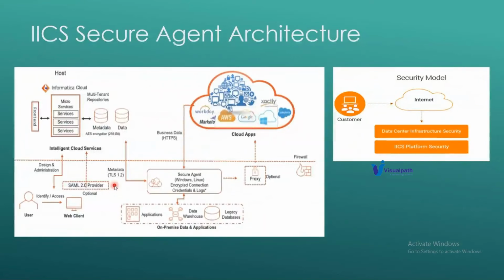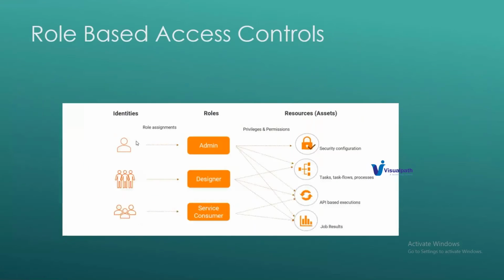Now, if I talk about how the security model would work, you have your data center infrastructure security and ISDS platform security, where the security model is based on role-based access control. What is role-based access control?